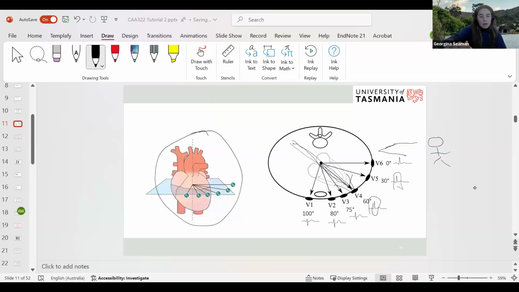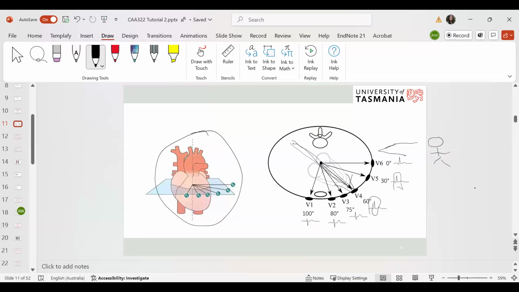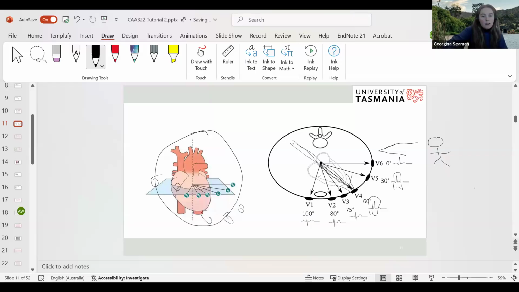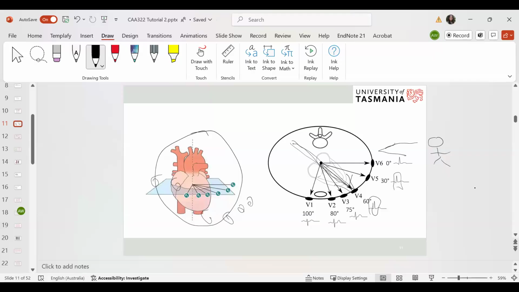Either way, when we're talking about the precordial leads, we're cutting the heart in half and looking at it from that. Now, when we talk about where the positioning technically is, we're looking at V1 and V2, then V3, 4, 5, and 6 around here, and we're trying to capture that voltage.